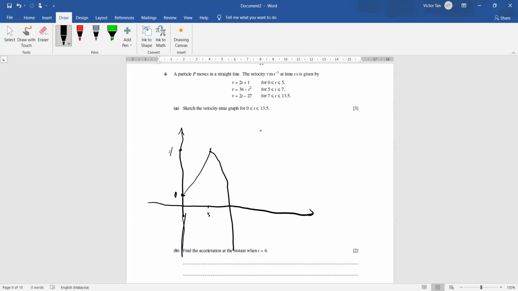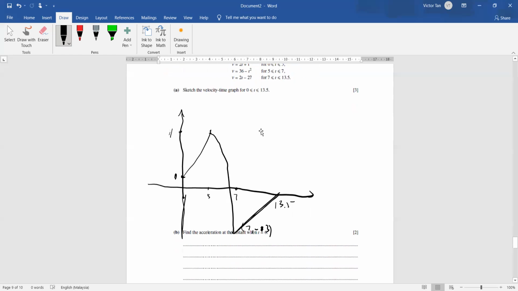So at 7 here, this point will be minus 13. Again, this becomes a linear graph. When t is 13.5, it goes up to 0. So that's it, you have the graph.